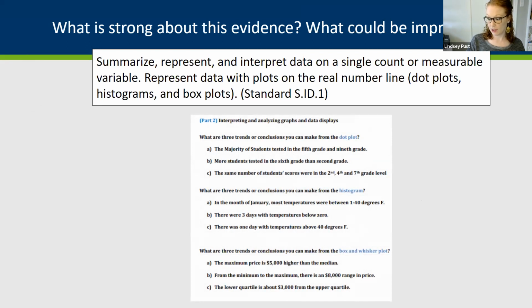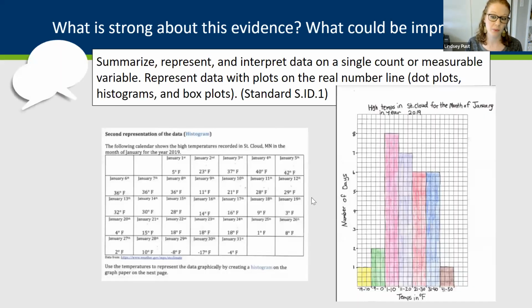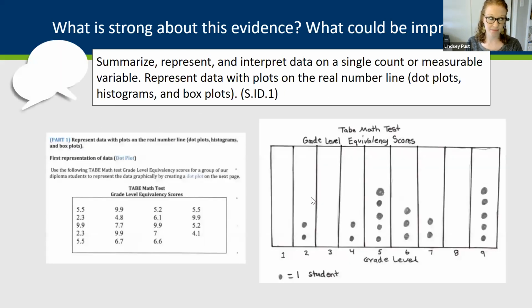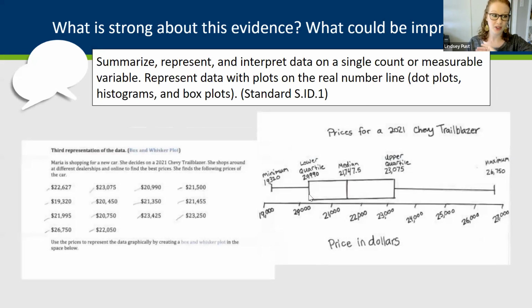So Jesse, I see your comment, and maybe you typed it before I clicked this, but yes, I like that point, because if this was all that was submitted, just the student representation of the data in the dot plot, the histogram, and the box plot, it wouldn't demonstrate full mastery because part of the standard is missing.